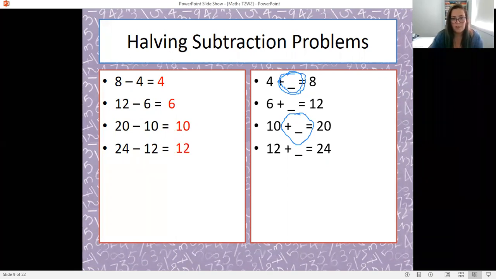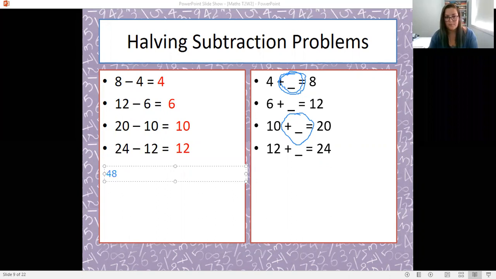And hopefully you are able to get the answer of 12. Now the last one that I'm going to throw in there for you guys is a bit tricky. So 48 take away 24.